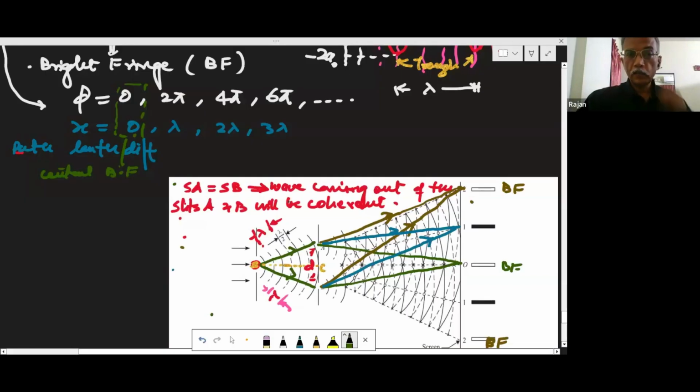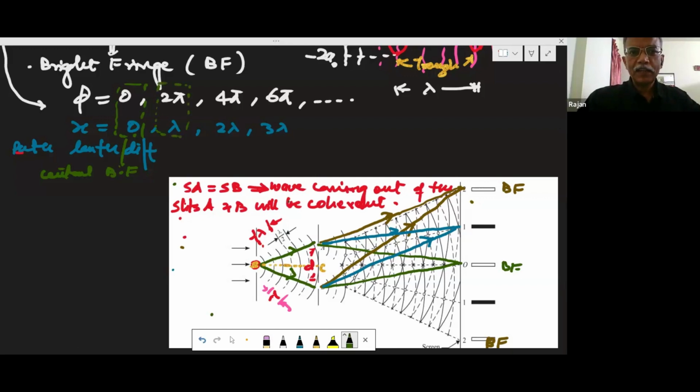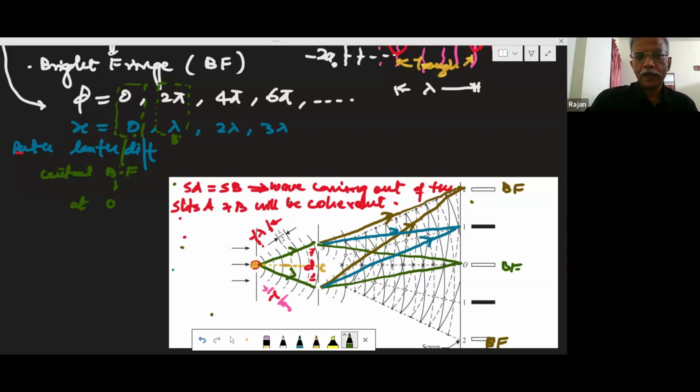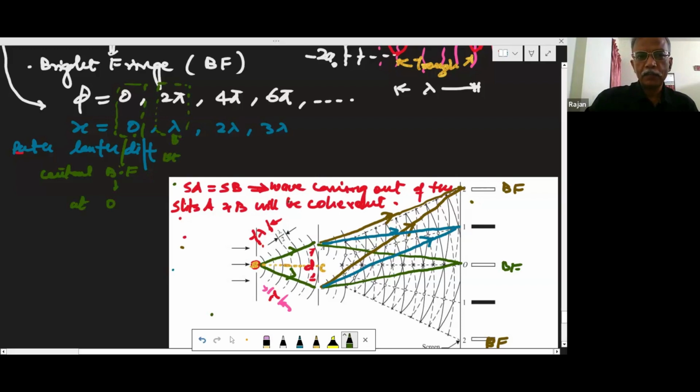Similarly, the second one where phi is 2 pi, you check it. After the central bright fringe at O, the first bright fringe will come, so I'll write here first bright fringe.